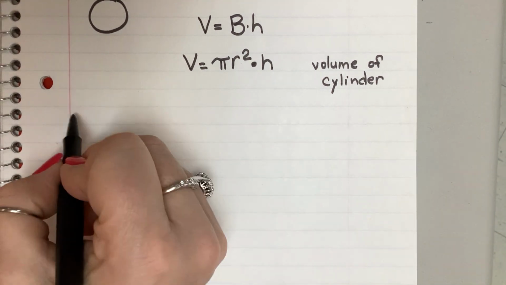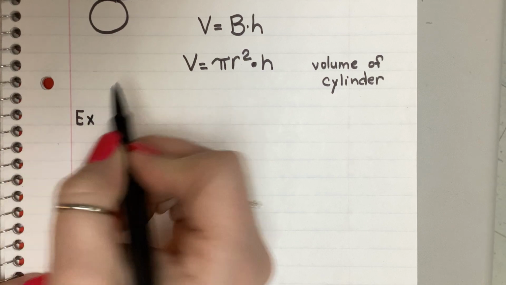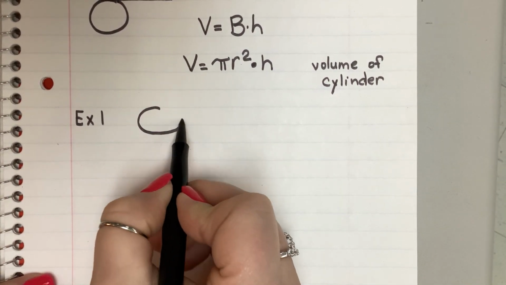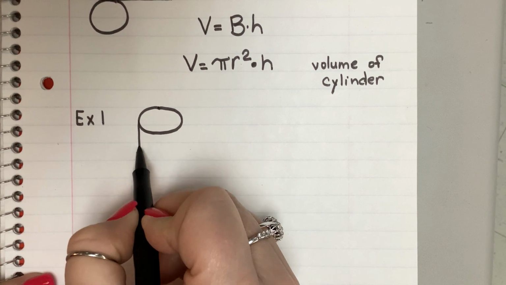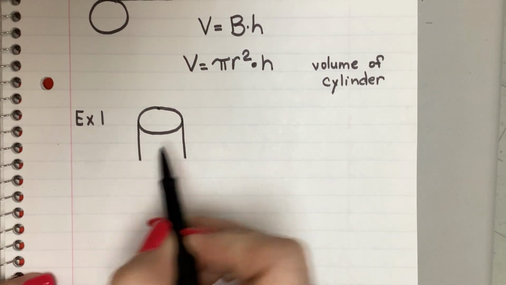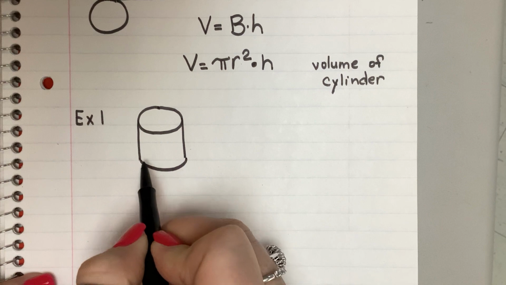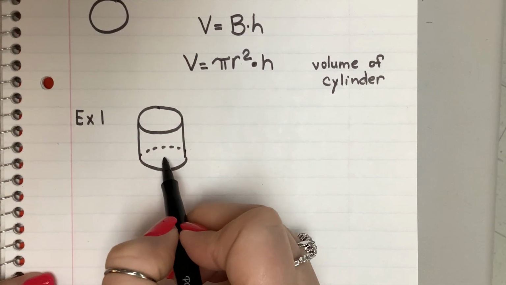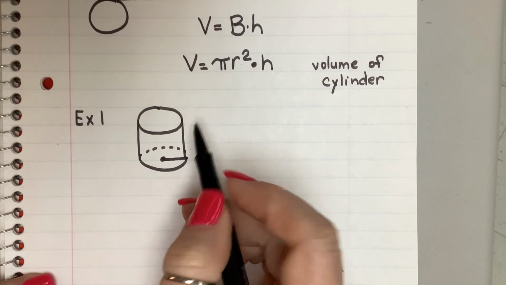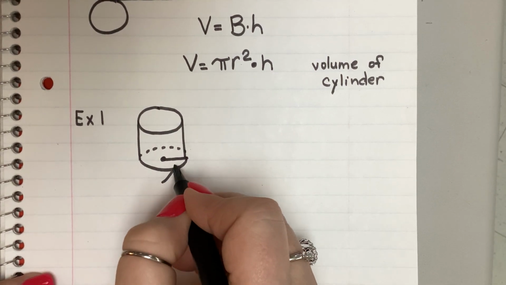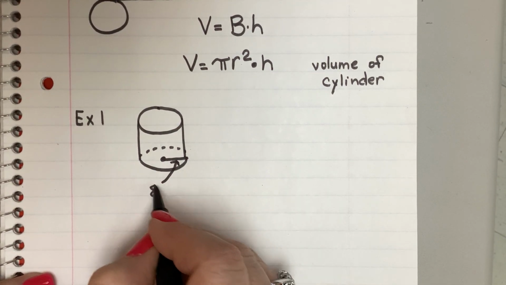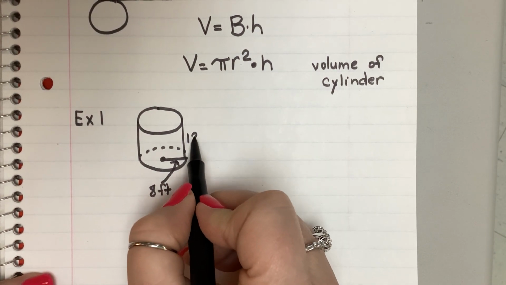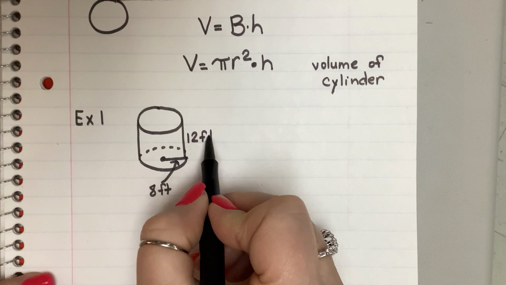So now let's look at a couple of equations. If we look at example 1, I'm going to tell you that the radius is going to be 8 feet and the height is going to be 12 feet.